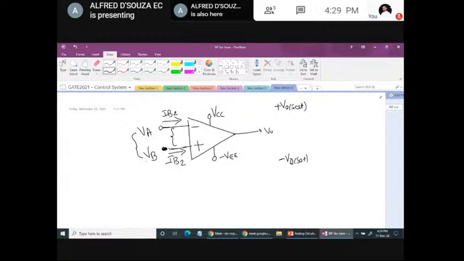For example, this VB I provide as 8. It always tries to maintain VA to be equal to 8. Tries to maintain. But it will not succeed always. Please bear this in mind. Okay, with this background, let us try to solve this problem.